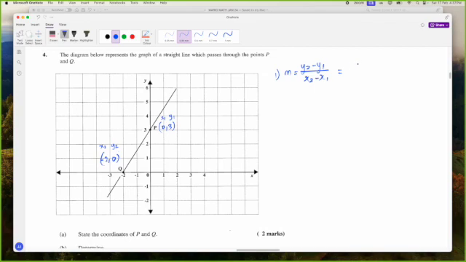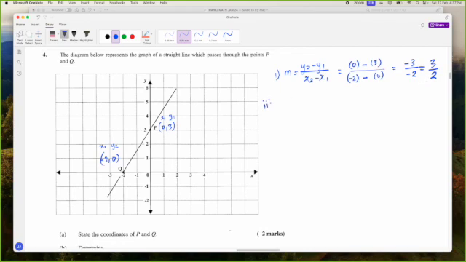So y2 is 0, notice the brackets, minus y1 which is 3, all over x2 which is minus 2, and then minus x1, which is 0. So what will I get? I get minus 3 on the top, I get minus 2 on the underneath, so therefore the gradient is 3 on 2. The gradient of the line is 3 on 2.